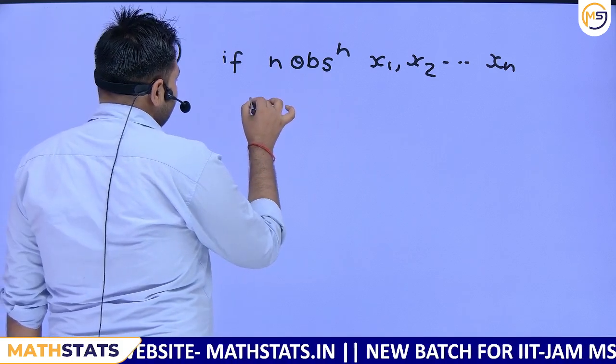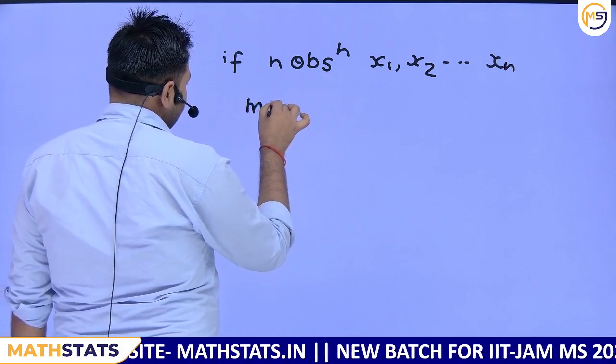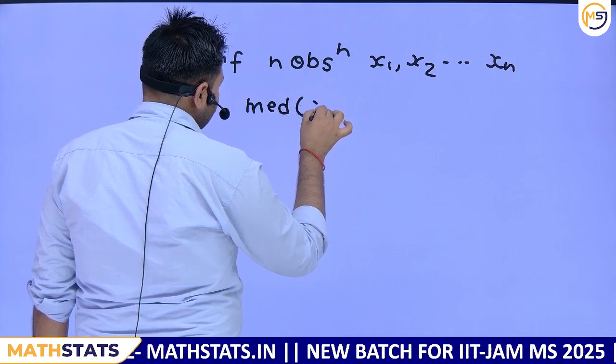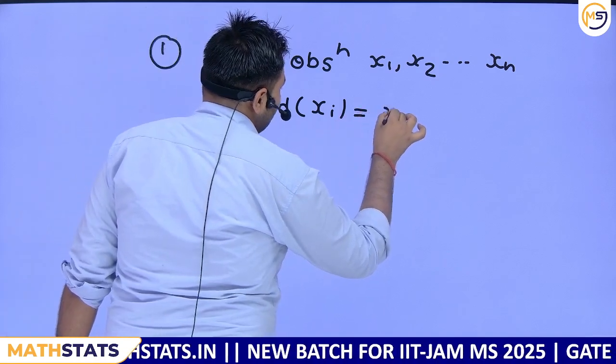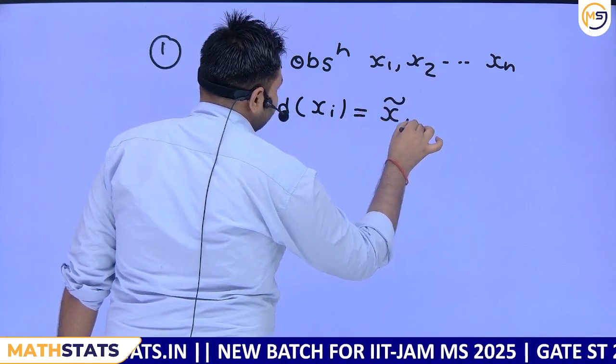So suppose the median of these observations xi is equal to x tilde median.